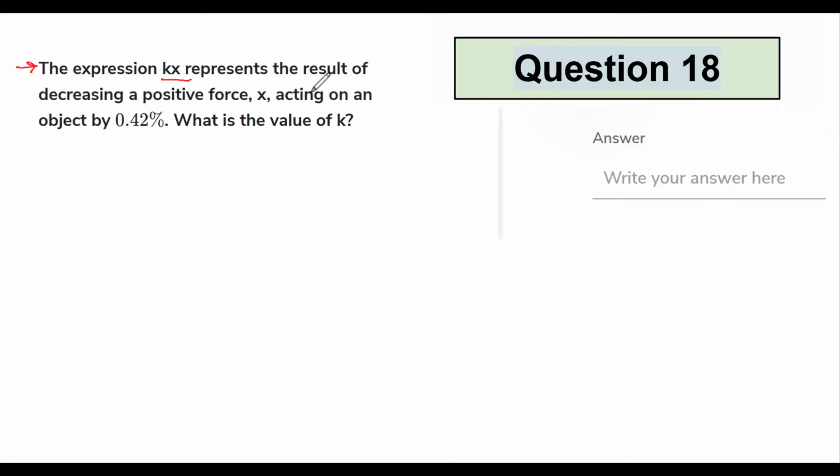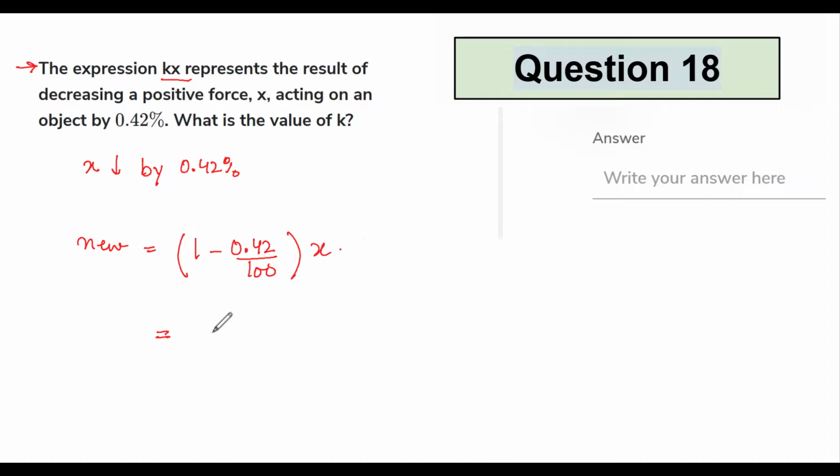You're decreasing x, right? x is getting decreased by 0.42%. That means the new force is k times x, or decreasing by 0.42% is 1 minus 0.42 over 100 times x. This is percentage decrease or deflation.